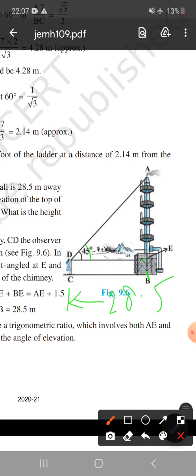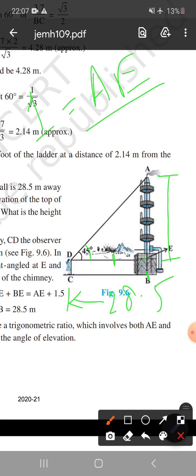So tan of 45 will be equal to the ratio of this side to the distance. So tan of 45 is 1. Height of this chimney is AB, but here we are taking the height parallel from the point which is parallel to the eye of the observer, that is AE, upon the distance, that is 28.5.